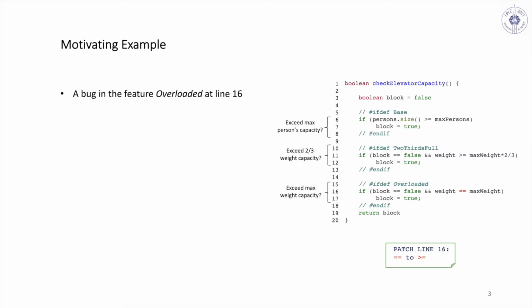And especially, the bug in this example is at line 16, where it needs to check greater than max weight. It accidentally used the equal sign, which is wrong. We need to patch it to the greater-or-equal sign, which fits the expected behavior.